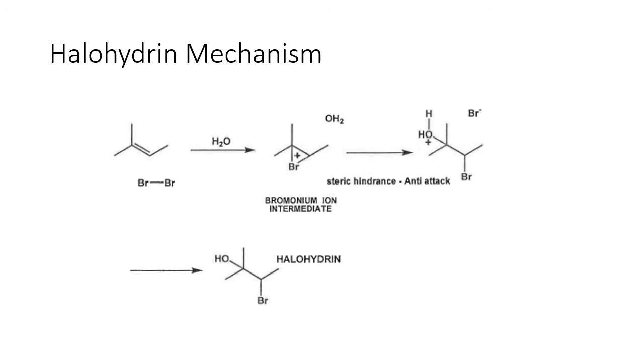So we started with our Br2, and we saw that one side developed a partial positive charge, one side developed a partial negative charge due to the shifting of those electrons. And our alkene acted as a nucleophile, and it attacked a bromine. And when it did, a lone pair of electrons on that same bromine went back and attacked the carbocation that would be forming, which gave us that three-membered bromonium ion.